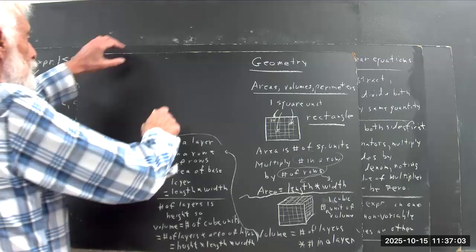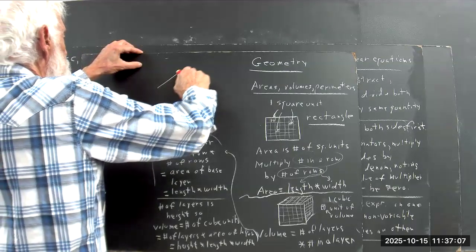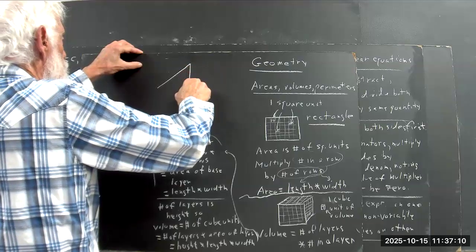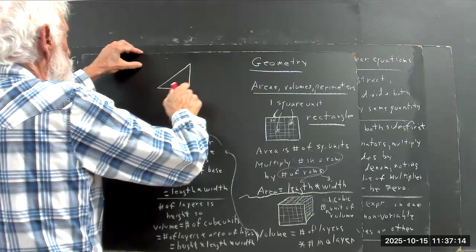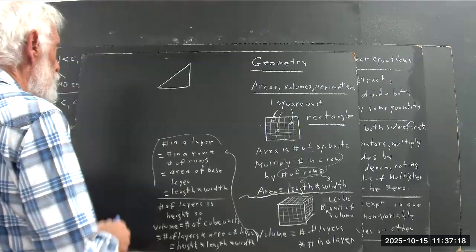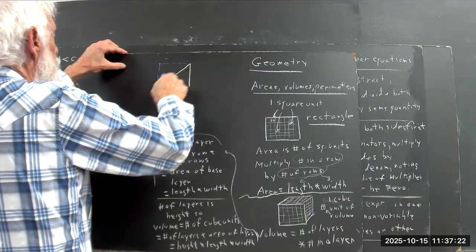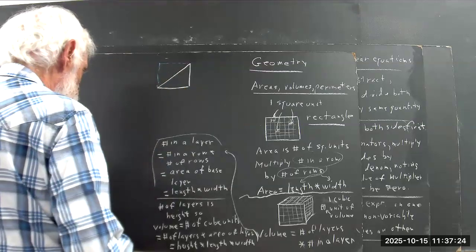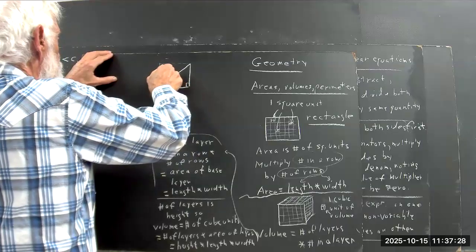Now let's look at a right triangle. Okay, here's a right triangle. And here's an upside down copy. That's a right angle, and this is a right angle.